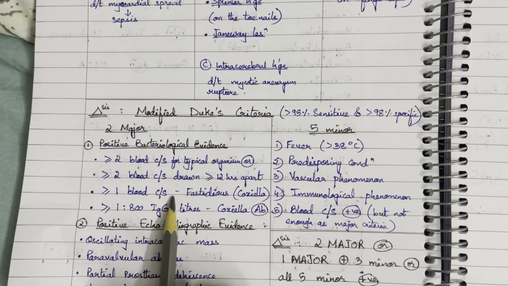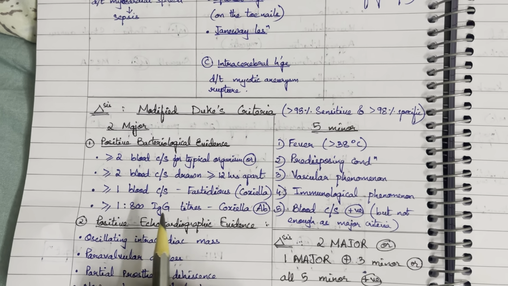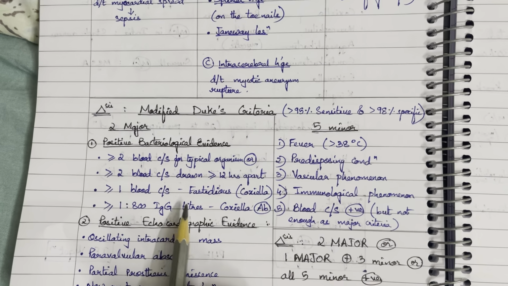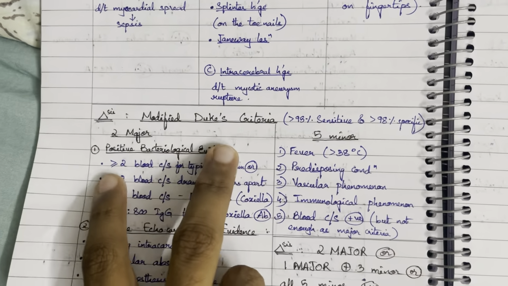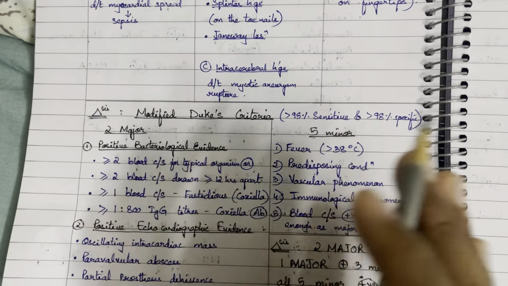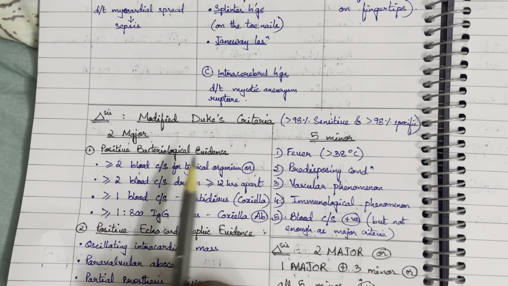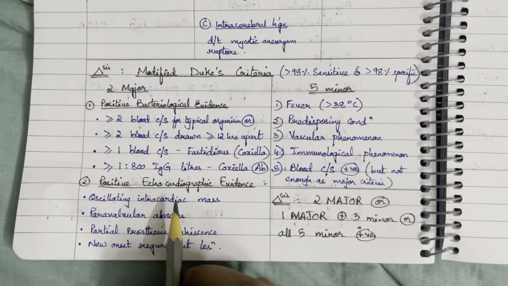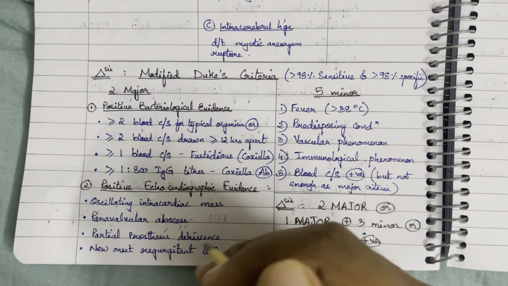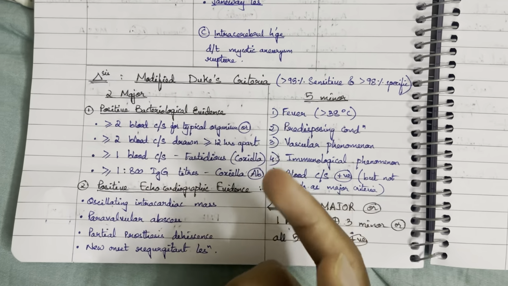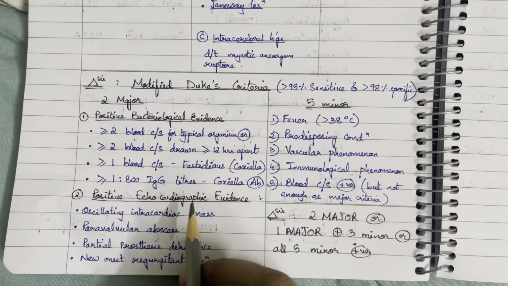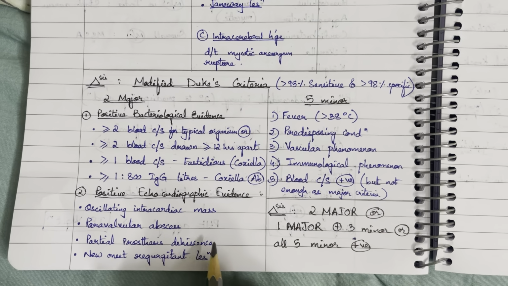Or one blood culture positive for Coxiella, a fastidious organism, or if there is serology, 1:800 IgG titers of Coxiella, that is positive bacteriological evidence. Then positive echo evidence: if there's a new regurgitant lesion, any paravalvular abscess, or a prosthetic valve with an oscillating intracardiac mass and partial prosthesis dehiscence.